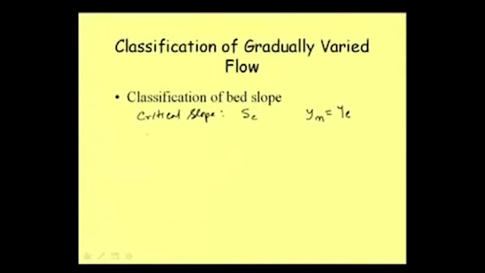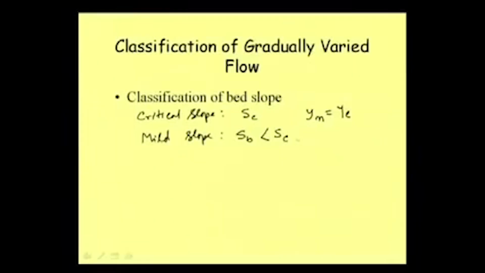Now, if our bed slope is less than the critical slope, then we call that a mild slope. What is a mild slope? Let us write here, mild slope is when our bed slope S_b is less than the critical slope, meaning flatter than the critical bed slope.